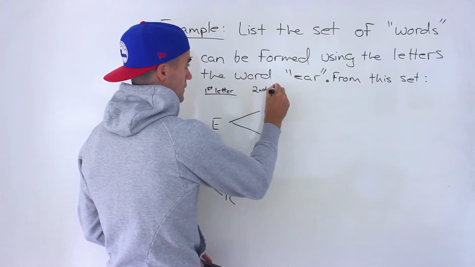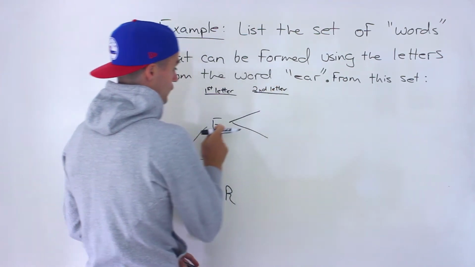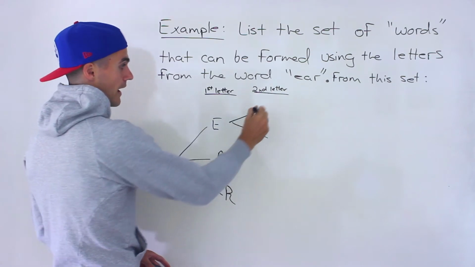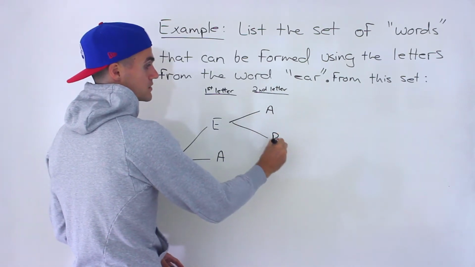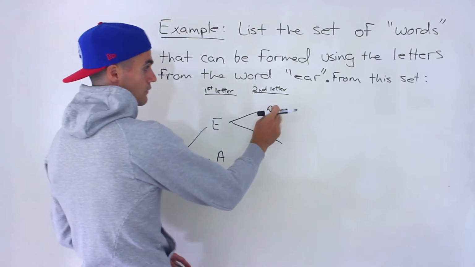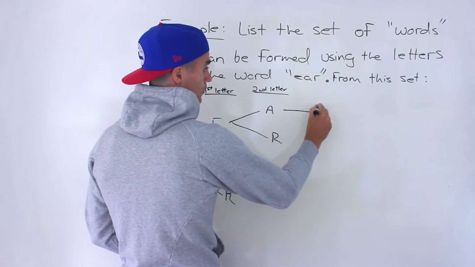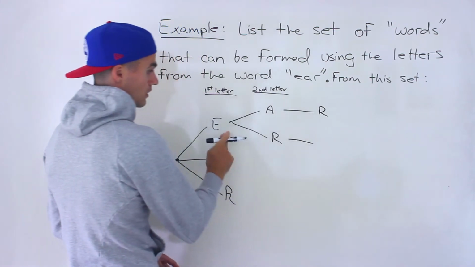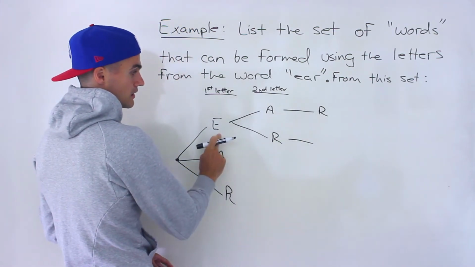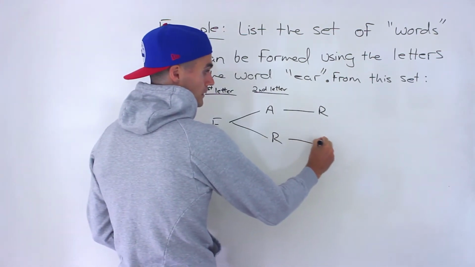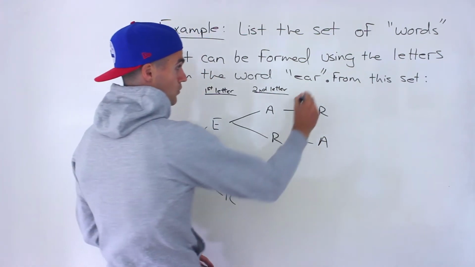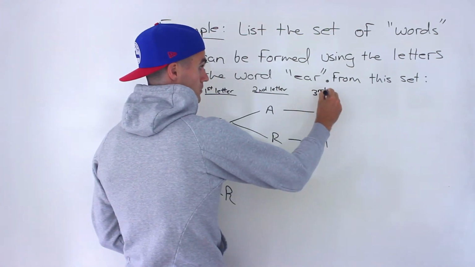What are the choices for the second letter if the first letter is E? Well, we'll only have A and R to pick from. And then if we pick A over here, the only letter that would be left, the final letter, would be R. And then over here, if we pick R for the second letter, E for the first letter, the only letter that would be left is A for the third letter. So this here is going to be the third letter.